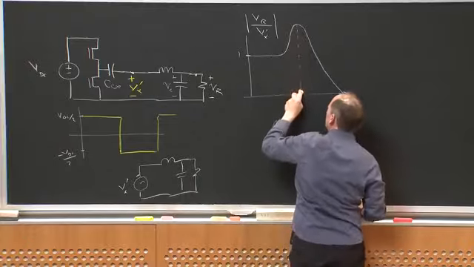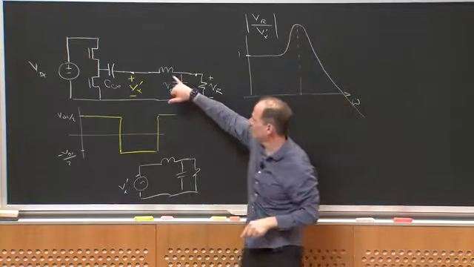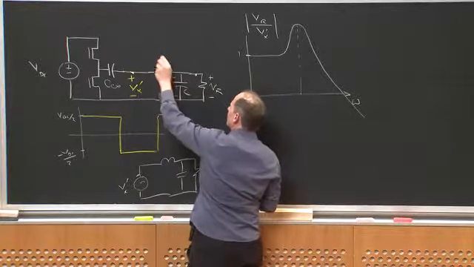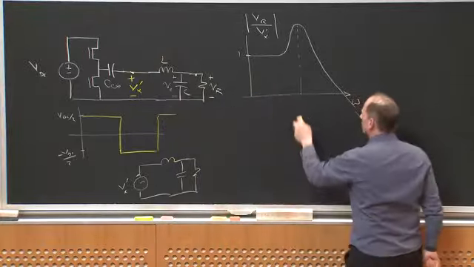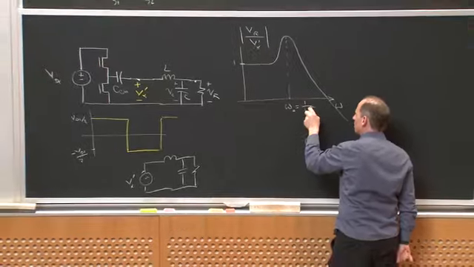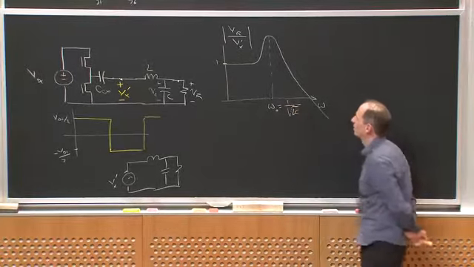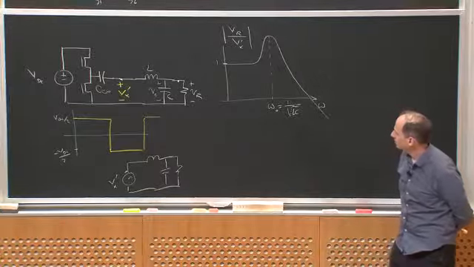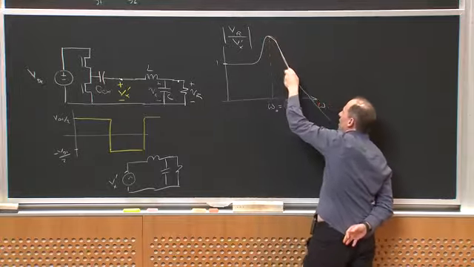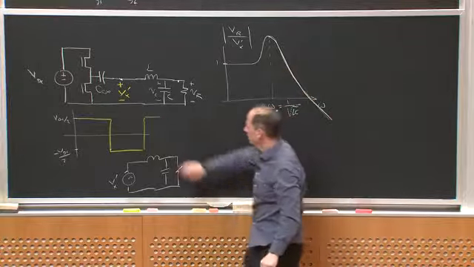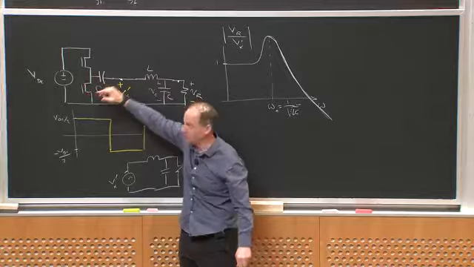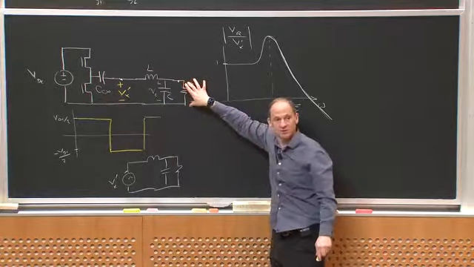And this peak, if the network quality factor here is now R over the square root of L over C, it's the other way around, is going to be near omega naught, which is 1 over the square root of LC, again, okay? So again, we get this high frequency selectivity of the voltage gain from my drive, which has a fixed amplitude set by the DC voltage, to the voltage I put across my resistor.